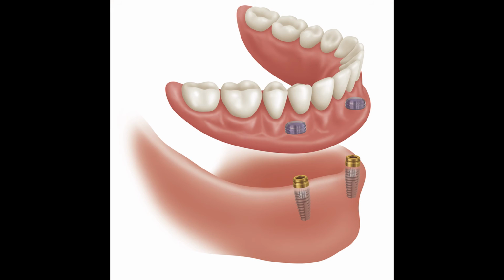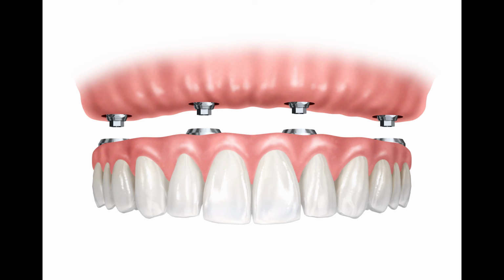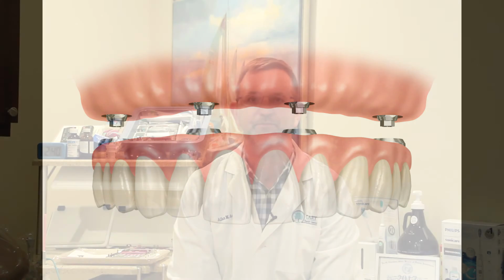By using implants to support the denture, it can stay in quite a bit better. If you look here, you can see how several implants are placed up underneath the gums, and they attach much like a snap on your pants holds things together. These implants snap into the denture to hold it in place, and it gives it a lot more support.